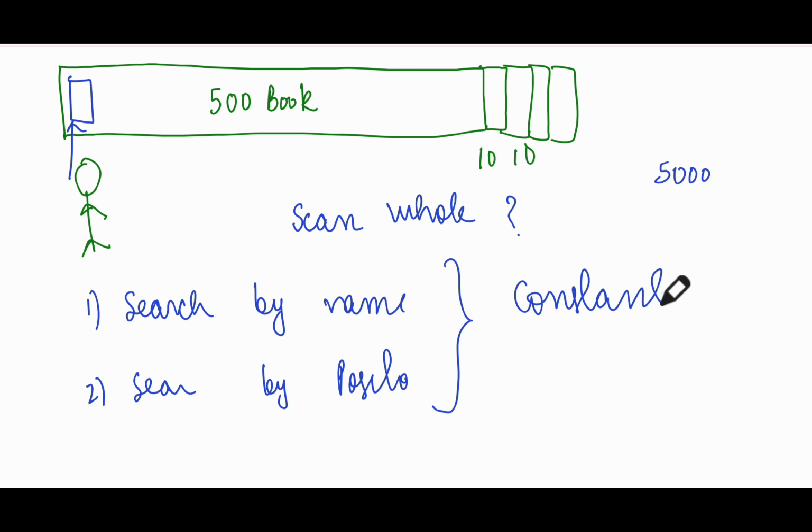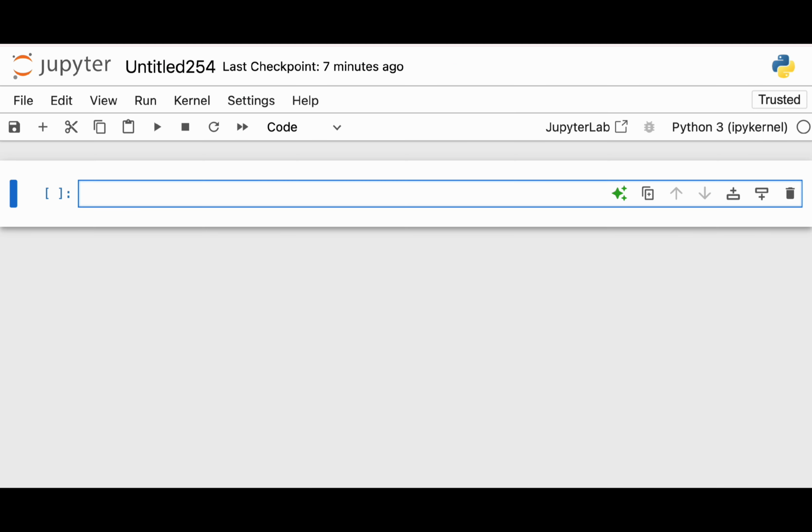I'm just trying to explain visually what it means in real time. We will work through code as well, but I hope these two explanations are clear in your mind. Irrespective of the data size, the number of operations you do to achieve the result does not change. Okay, now let's move to our notebook.